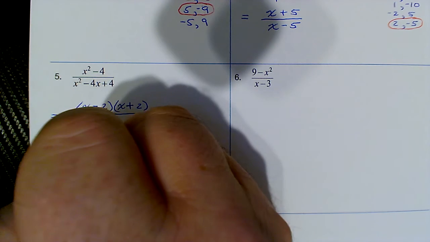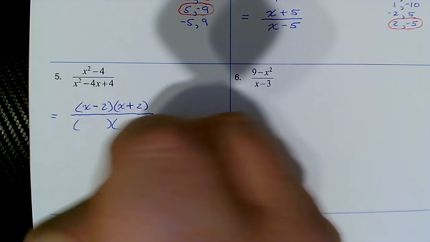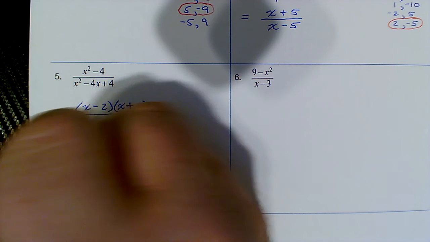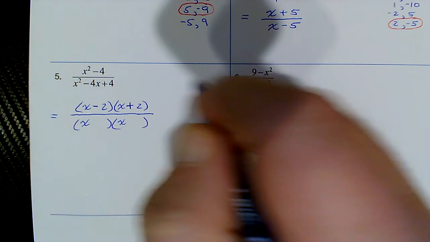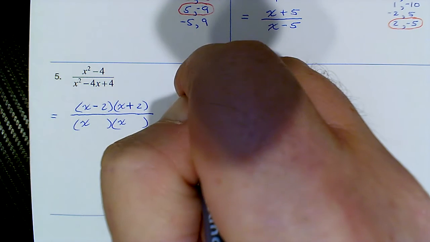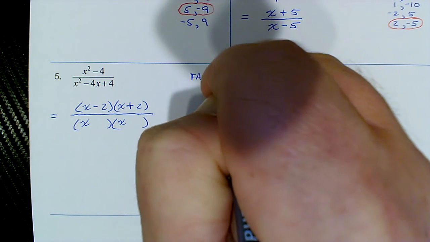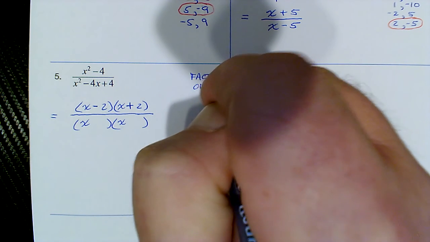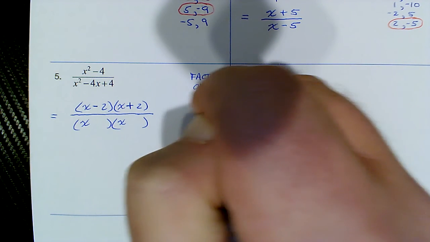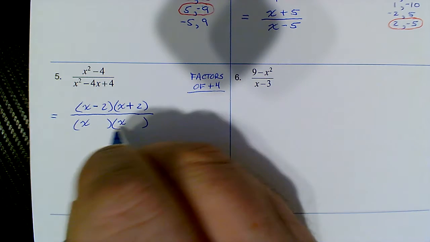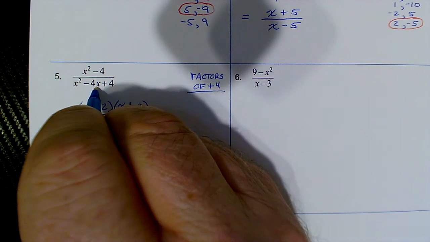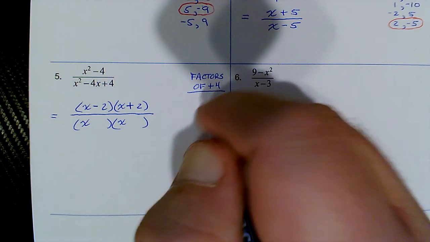And now we factor the denominator, and we'll need an x and an x. Okay, now if you want to use the factor method, or hopefully you become proficient at this, where you kind of think in your mind, you've got to get 4 and combine to give negative 4.